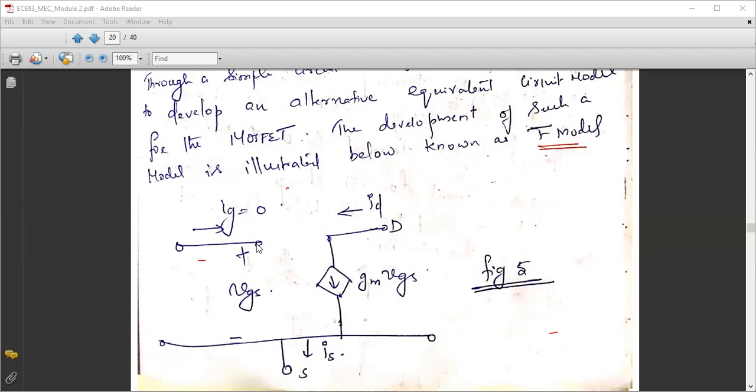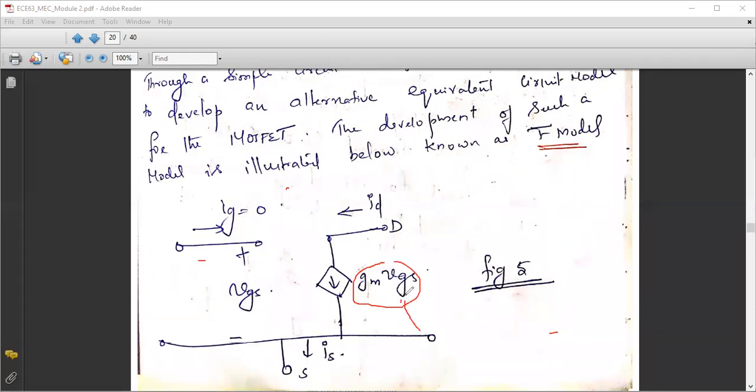This is the small signal equivalent circuit where we deal only with the AC inputs. There is no DC at all. That is why everything is in small letters with small letter subscripts. This is your drain current, represented as gm times vgs, which flows from drain to source. It is a voltage dependent current source because it depends on vgs.